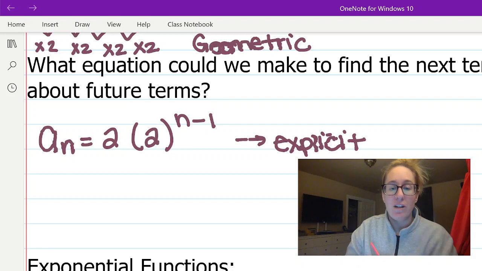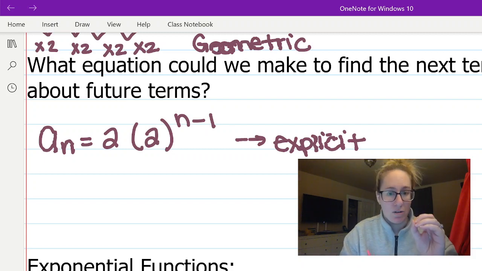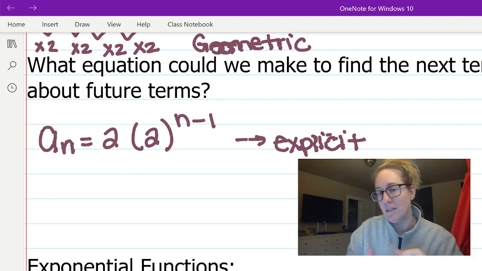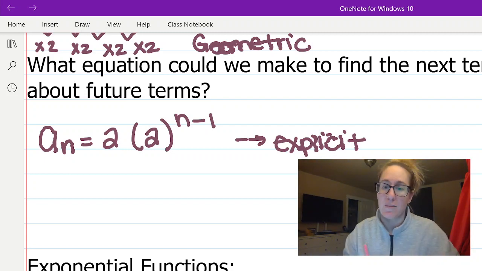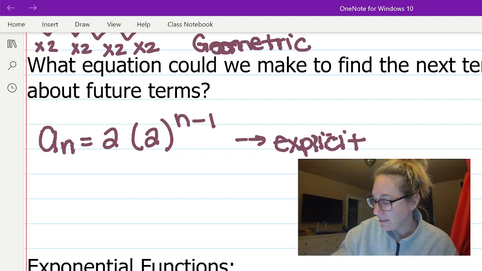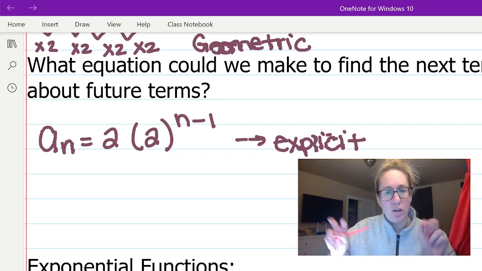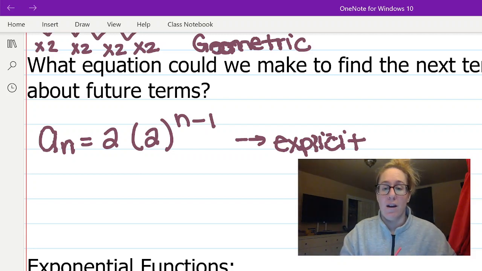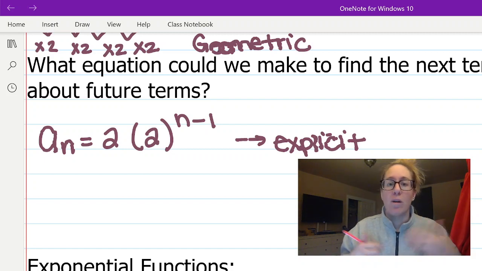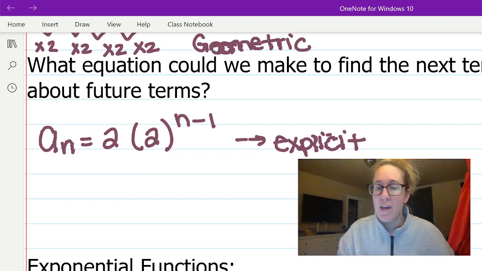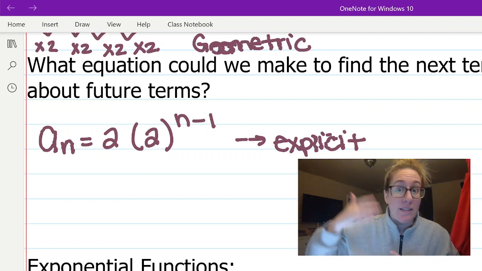So if we're dealing with functions and our starting term is our 0 term, then our exponent only needs to be x, not x minus 1. But x still represents the term number that we're on. It's also going to represent how much we're counting by. We're going to do a lot of word problems. So if we're doing a word problem and it says we're applying interest every month, then x would be how many months have gone by.